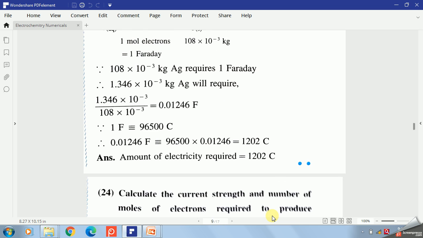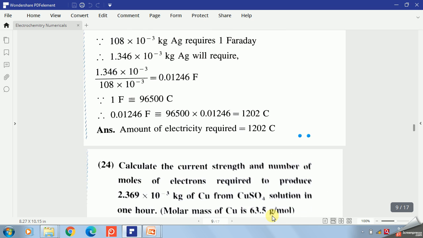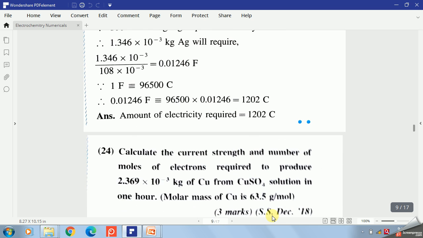Then the next numerical is, calculate the current strength and number of moles of electron required to produce 2.369 into 10 raised to minus 3 kg of copper from copper sulfate solution in 1 hour. The molar mass of copper is given and it is equal to 63.5 gram per mole.